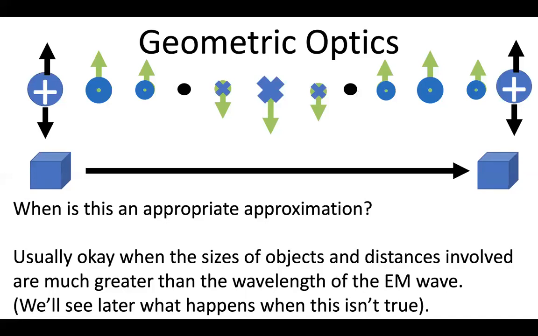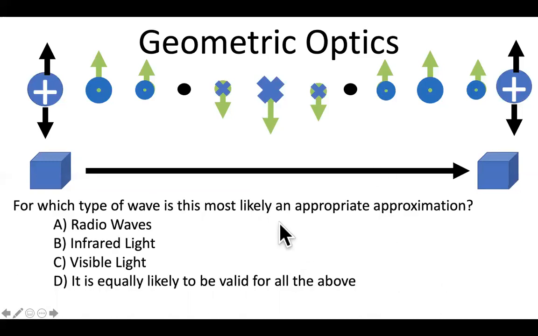It's not perfect, but it's a useful place to start to understand how these electromagnetic waves can propagate and how they interact with matter. Now, one important thing about this is you should know when it's reasonable to do this. So, for example, a reasonable question is, for what type of electromagnetic wave is geometric optics a reasonable approximation? Is it a good approximation for radio waves, infrared, or visible light?